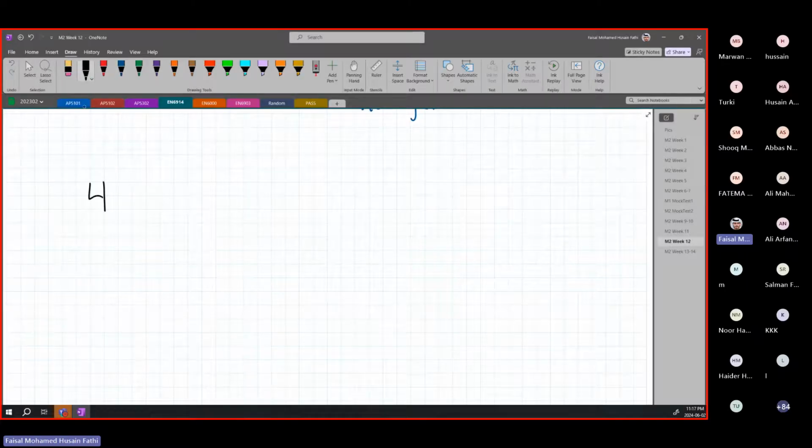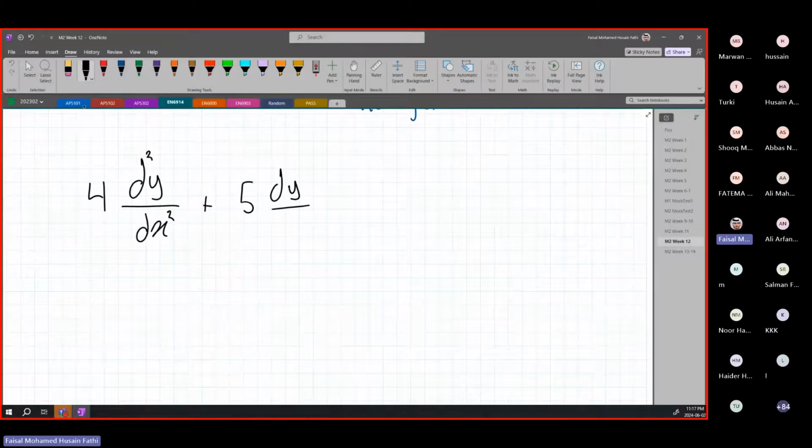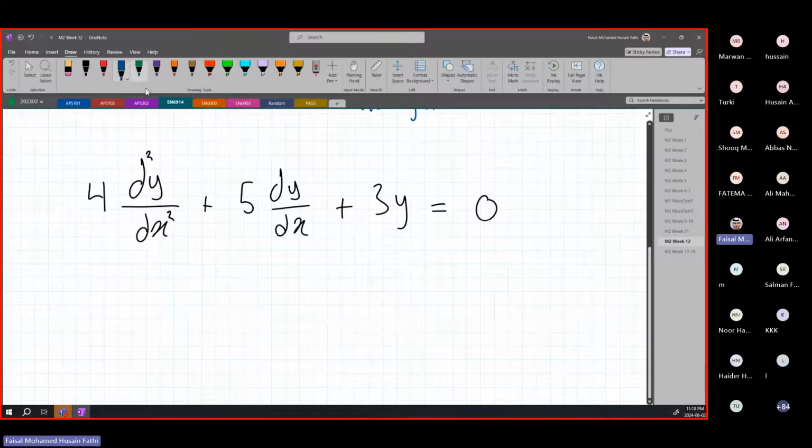An example of a second order differential equation will be something as simple as having, for example, 4 d squared y by dx squared plus 5 dy by dx plus, for example, 3y is equal to 0. All right. Again, all the equations that we are going to be dealing with are going to be homogeneous, meaning they're going to be equal to 0. All right, in our case.